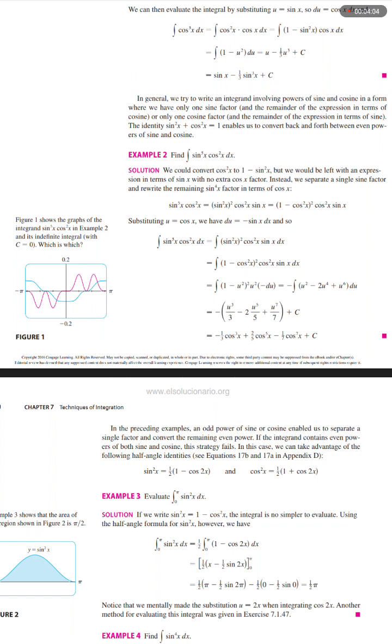Sine to the 5th power x cosine squared x equals (sine squared x) squared cosine squared x sine x equals (1 minus cosine squared x) squared cosine squared x sine x.